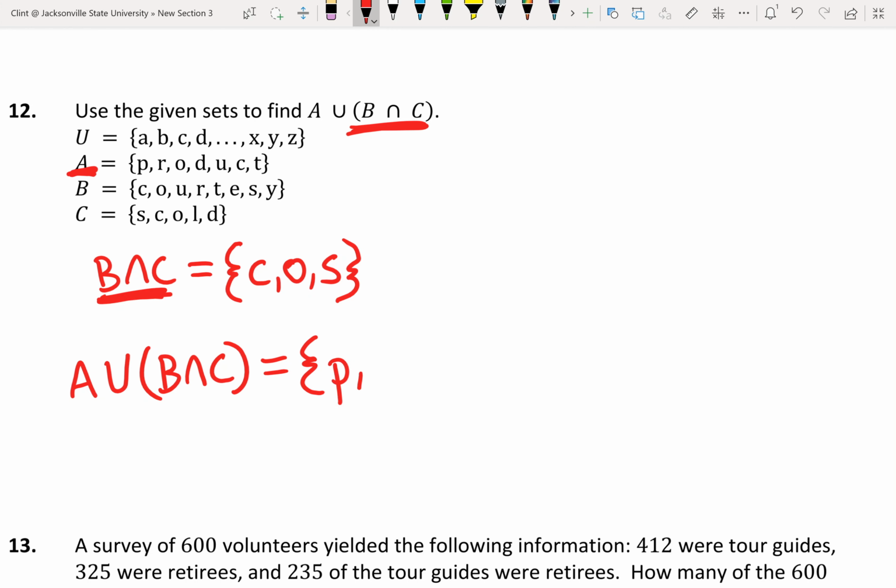So for sure, we got all the letters that are in A. And then we need a C that's already in there. We need an O that's already in there. Finally, we need an S because that's in B intersect C. Okay, so that would be our fancy set we made there.